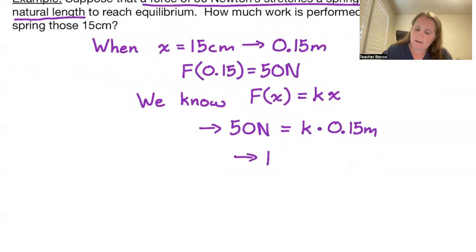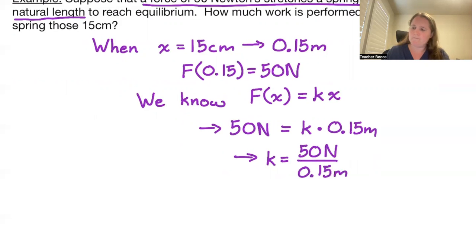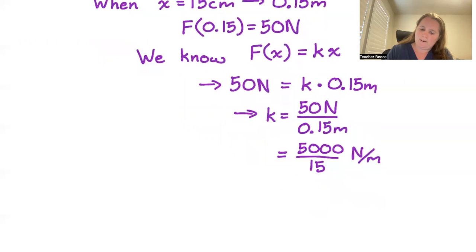That means that k is equal to 50 newtons over 0.15 meters. And I'm actually just going to leave that as 50 over 0.15, or we could rewrite it as 5,000 over 15 newtons per meter, or 1,000 over 3 newtons per meter. So this is our k.